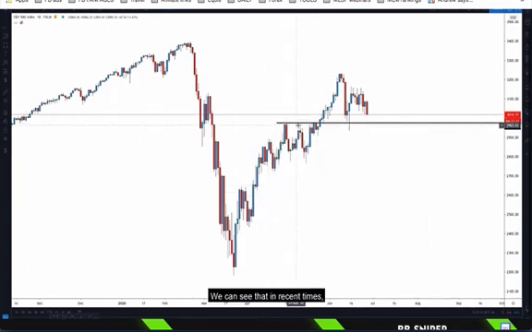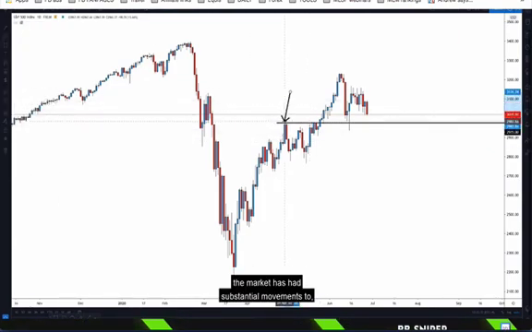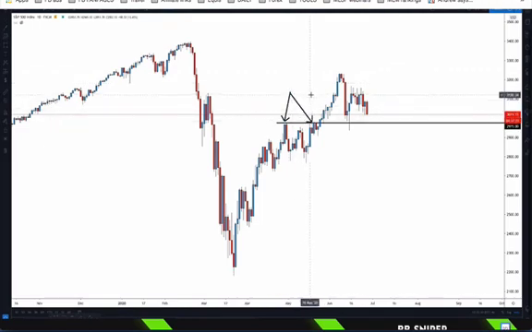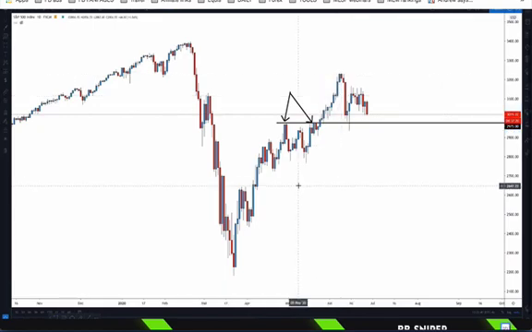We can see that in recent times, within the last 3 months, as of the time of this recording, the market has had substantial movements to and eventually through that price level.